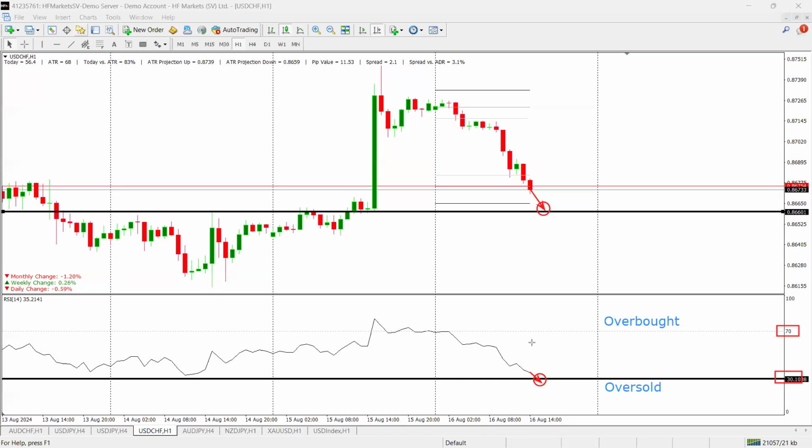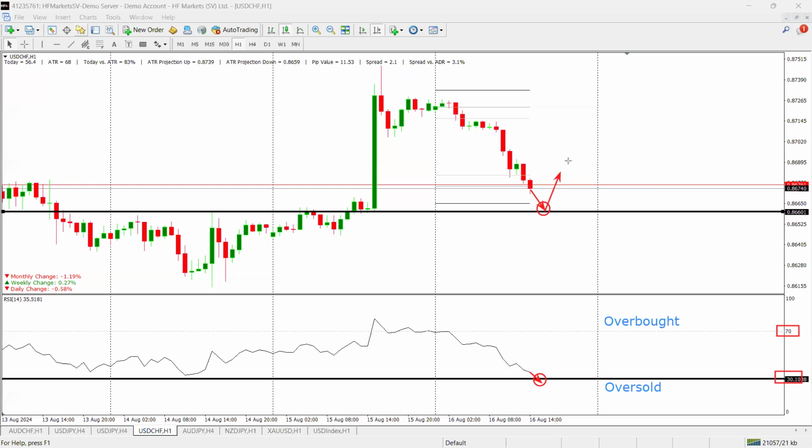Because don't forget, we know that support naturally is a level that helps price to rise. Even though it might just help you rise by a little bit, a support naturally just helps price to rise. So the question is, that's a support, and RSI is into oversold, which means they both agree that price should rise.